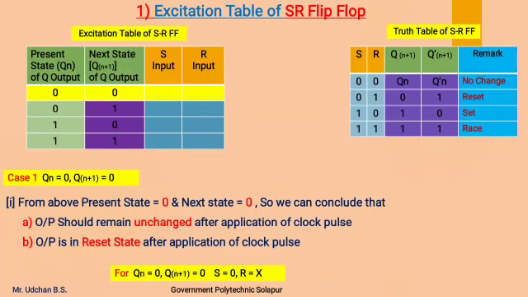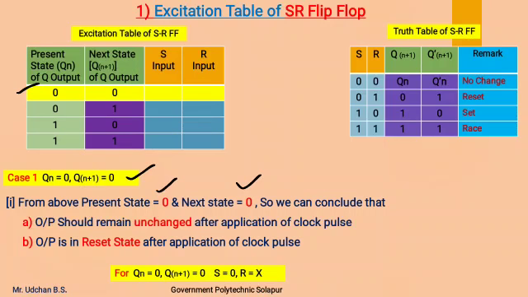Now we will see the first case in the excitation table, that is 0 0. Qn is 0 and Qn plus 1 is also 0, where Qn is the present state and Qn plus 1 is the next state. From this, the present state is 0 and next state is also 0.